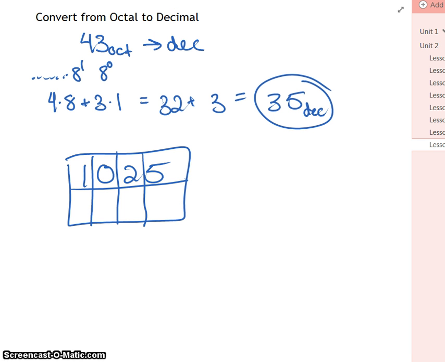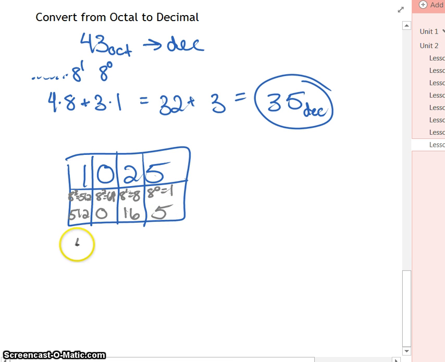So this would be 8 to the 0 power, which is 1, 8 to the 1 power, which is 8, 8 squared, which is 64, and 8 to the 3rd power, which is 512. So we have 1 512, we have 0 64s, we have 2 8s, so that's 16, and we have 5 1s, which is 5.